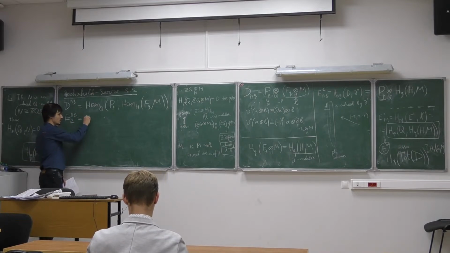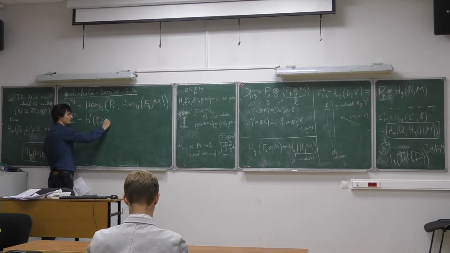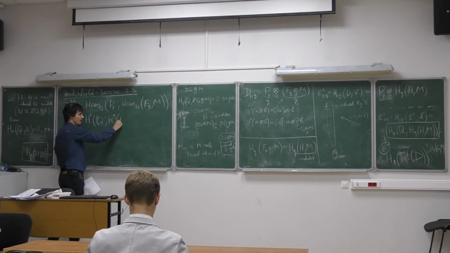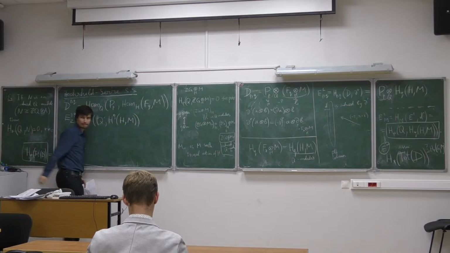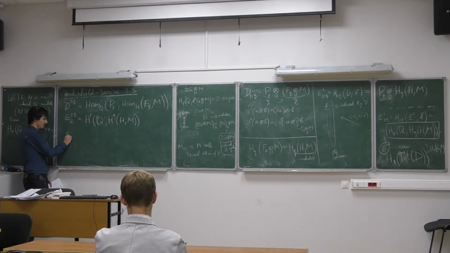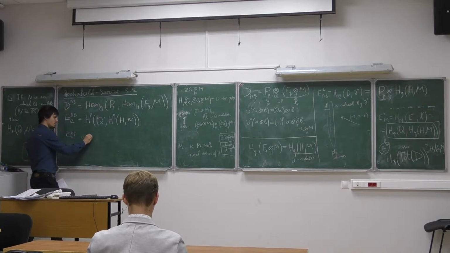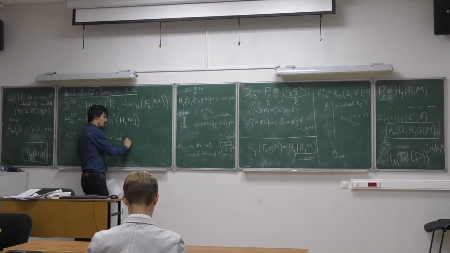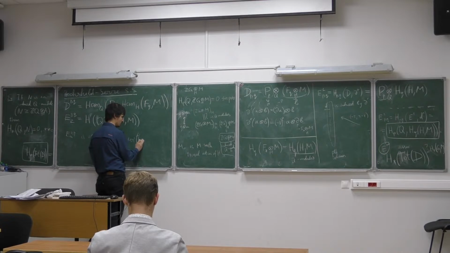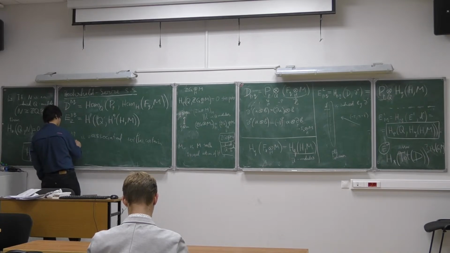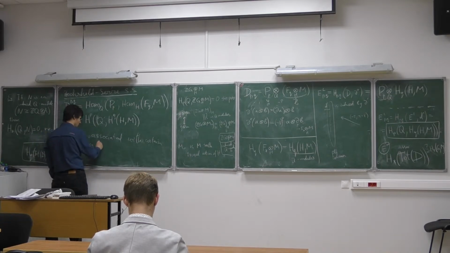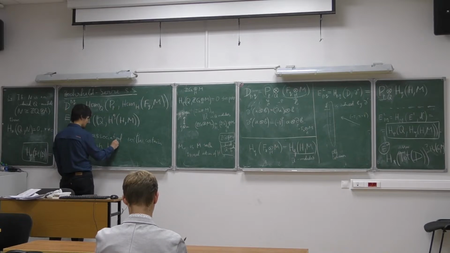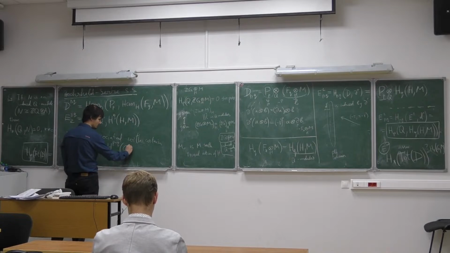Again, now it is the cohomology of Q with coefficients in the cohomology of H with coefficients in M. And E infinity PQ is associated with a certain filtration in the cohomology of G with coefficients in M.